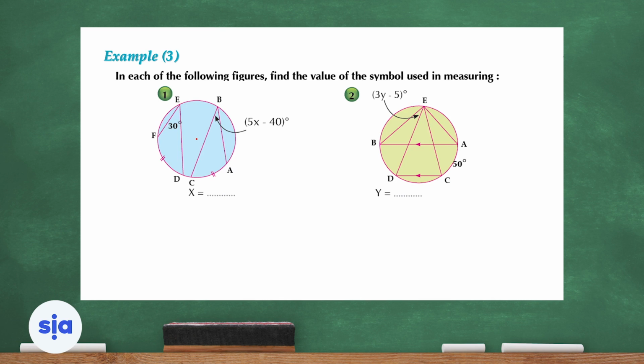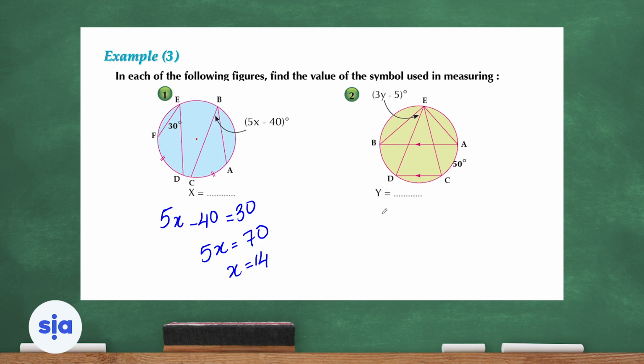So in this case, angle B is equal to angle E, then 5x minus 40 is equal to 30. So 5x is equal to 70. Then x is equal to 14.